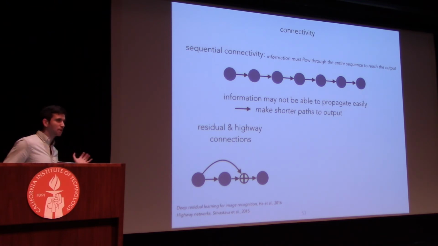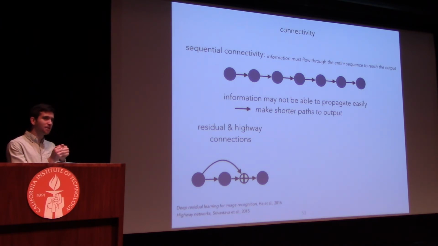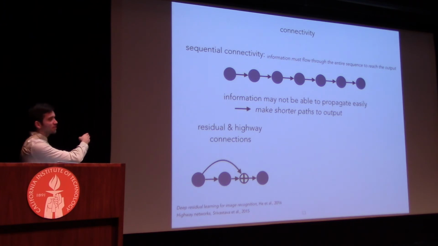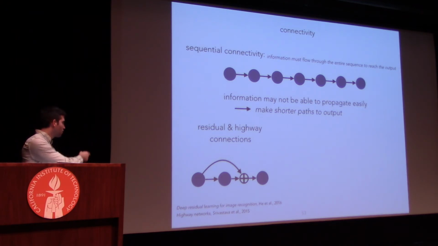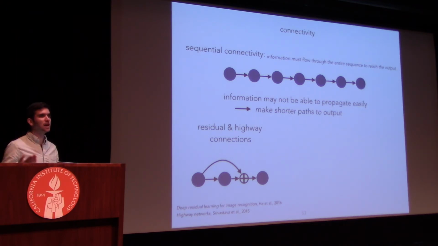So one way of doing this would be having the previous layer just be element-wise added to the output of the next layer. So you're constantly adding in the previous input, and you can therefore just send on copies of the previous input. And if we wanted to send something at an intermediate layer all the way to the end, we could just zero out the weights in the layers afterward, and just send it on directly.